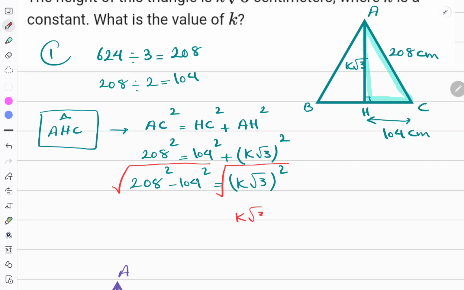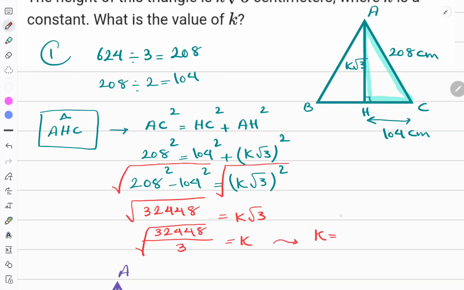So k square root of 3, you can use your calculator, gives you the square root of 32,448, and in order to find k, we just need to divide both sides by square root of 3, which is 104, the value for k. Okay, so this is the first strategy. And now let's jump into the second one.